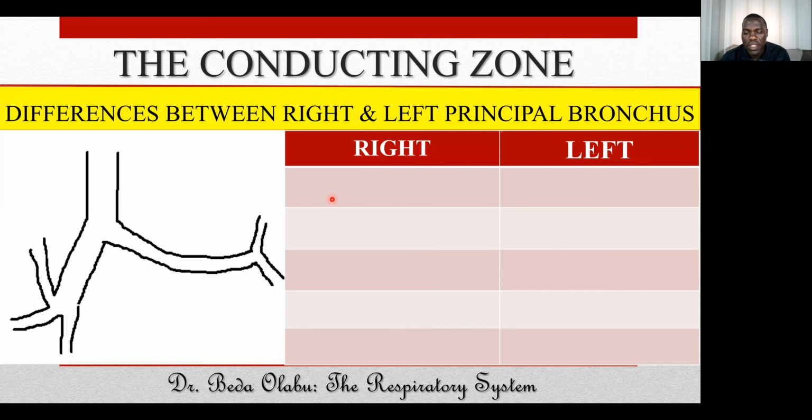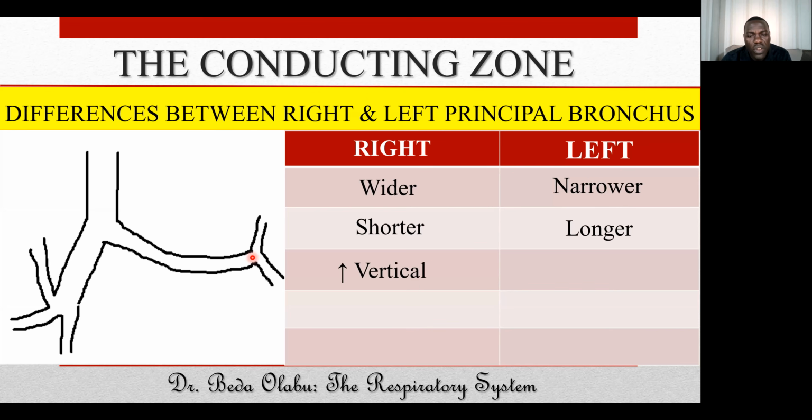We can appreciate that the right main bronchus is wider than the left one. We can also appreciate here that the right main bronchus is shorter. If you look at this length from here to there, it is shorter than from here to there.